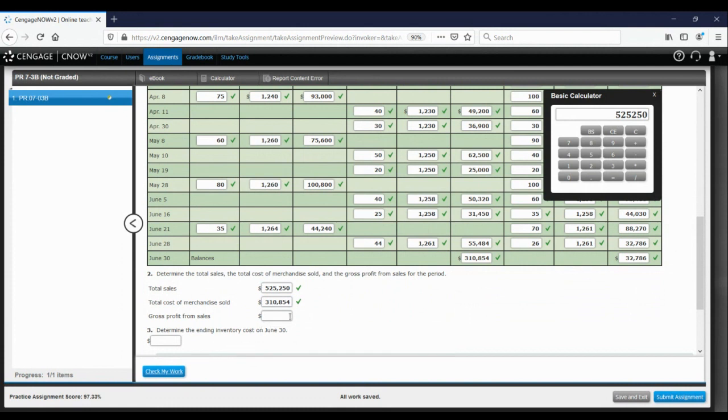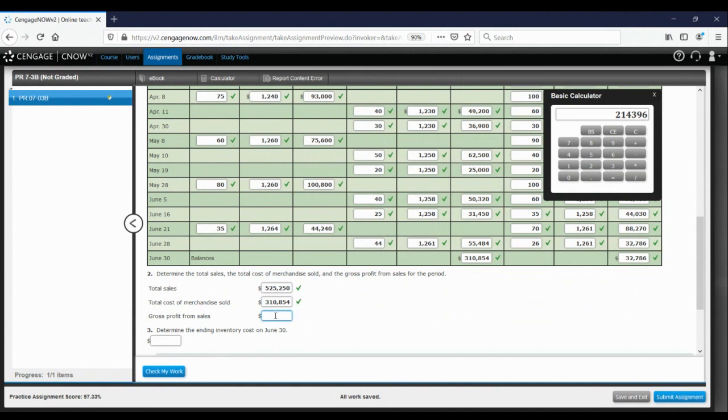To determine the gross profit, we will subtract the cost of merchandise sold from the sales. So from the sales, we are deducting $310,854.